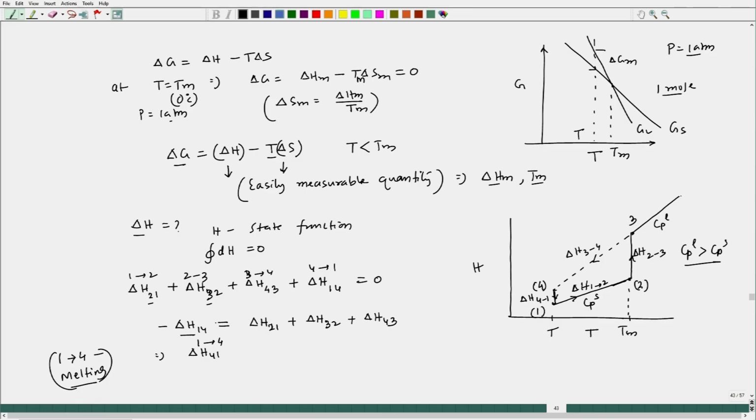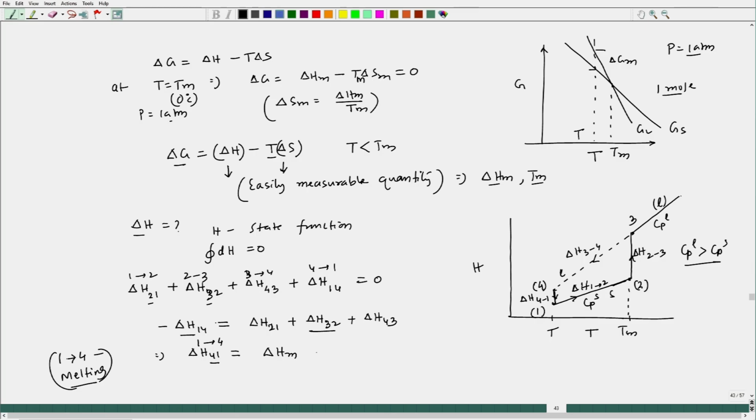If I go from solid, this is liquid and this is solid. So, this is liquid and the liquid line has been extended below the melting point, keeping the liquid stable, or I would say metastable. So, this becomes 4 1, 1 would be the initial and 4 would be the final. This value is nothing but delta H m, which is the melting enthalpy.